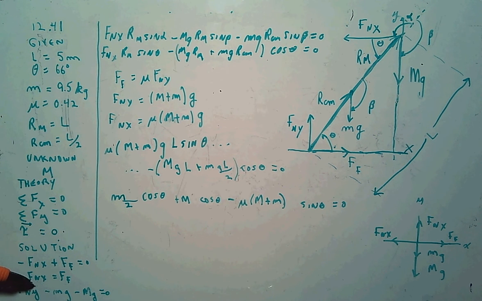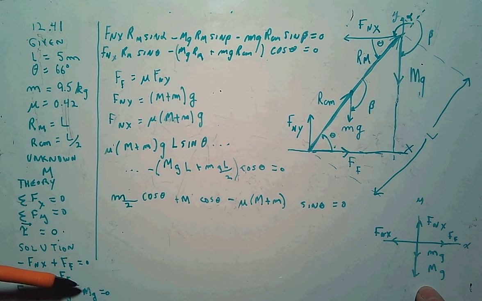So the normal force in the x direction is nothing more than the friction force. The normal force in the y, the vertical force, and you can see that over here in the free body diagram, that minus the two weights must add up to be 0.